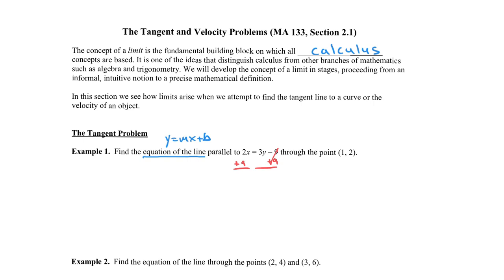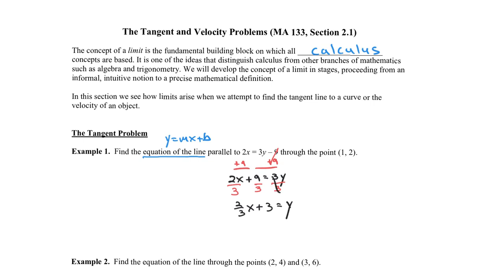That cancels, and gives us 2x + 9 = 3y. Then we divide each of these parts by 3, and that gives us (2/3)x + 3 = y.